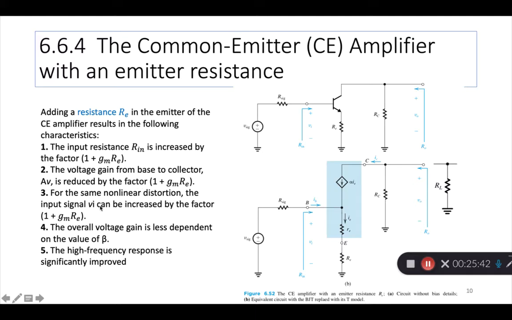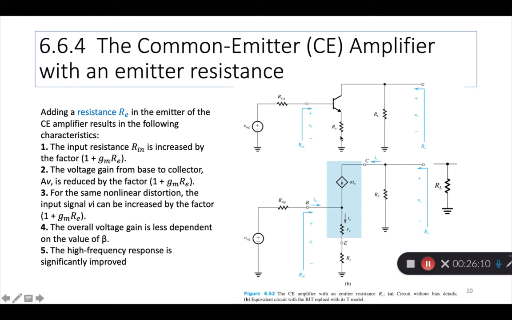But the other benefits are that the distortion, or the risk of running into the non-linear portion of the input-output voltage characteristic, that risk of becoming non-linear goes away, or at least reduces by using an emitter resistance.